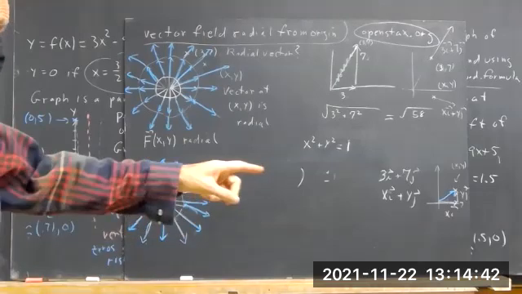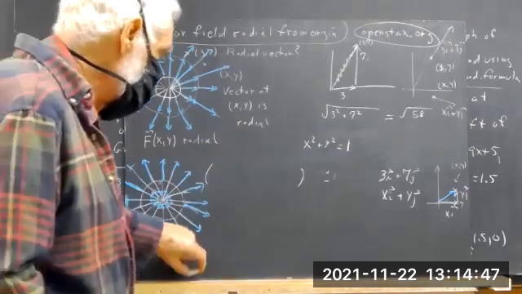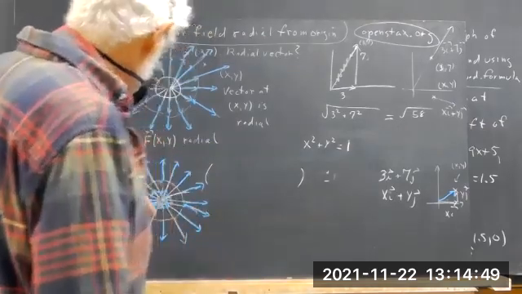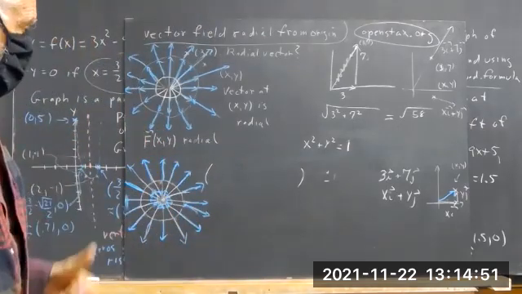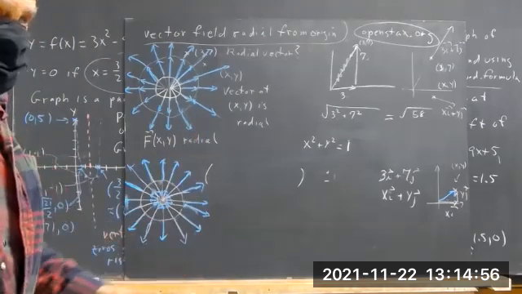And if it's xi plus yj, well, you've got the square root of x squared plus y squared equals 1 on a circle. The square root of x squared plus y squared is going to be the radius of the circle, right?